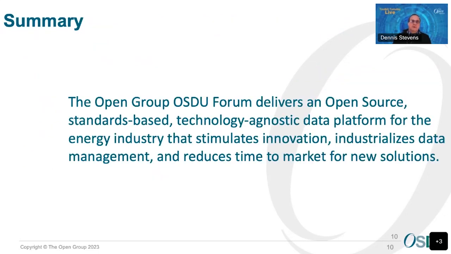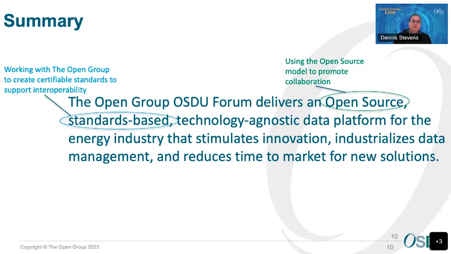So in summary, the data platform is open source. Open source is the model we use to create the data platform. What we use is the Apache 2.0 license, which means you're free to use it just about in any way, shape, and form that you wish. It's standards-based.